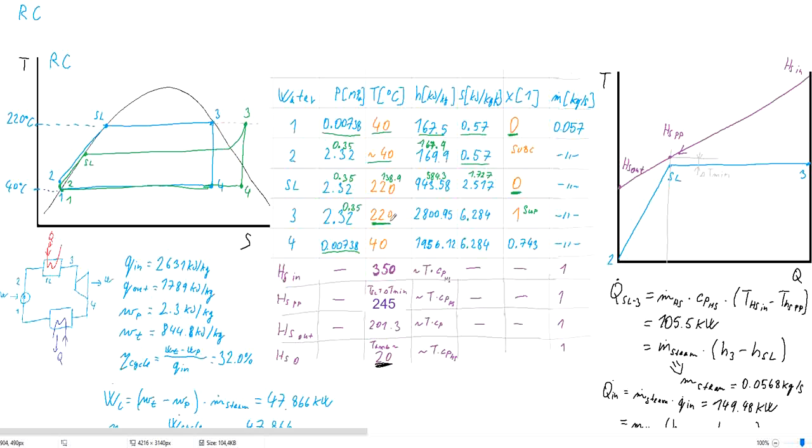And in the TS diagram, or from these two properties, we can get the enthalpy and entropy, which will be in this case enthalpy 2904.972 kilojoules per kilogram, and the entropy will be 7.323.